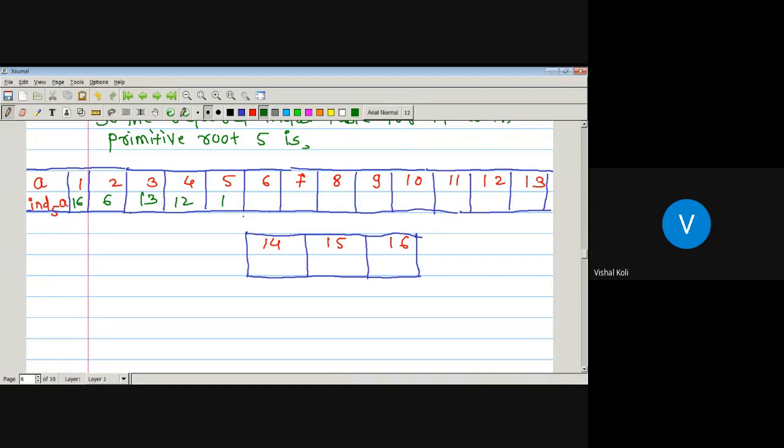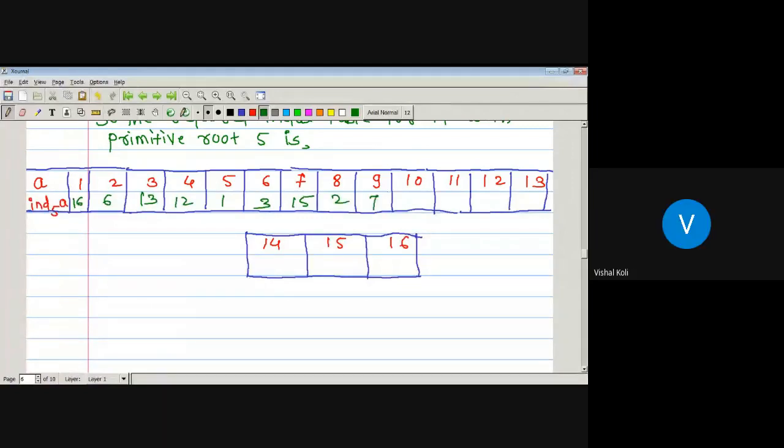Index of 6 is 3, index of 7 is 15, index of 8 is 2, index of 9 is 10.